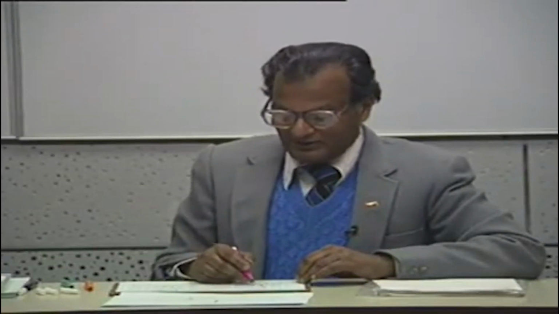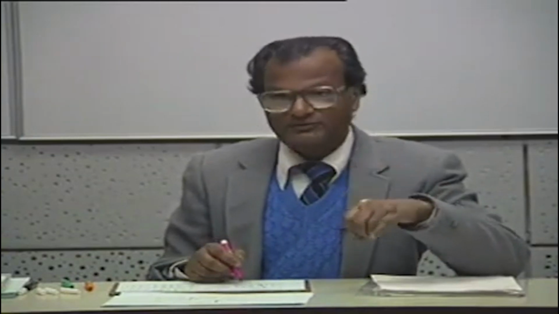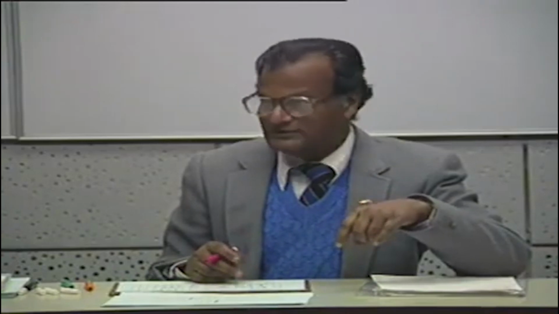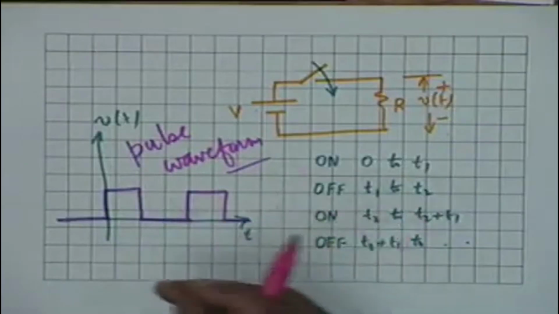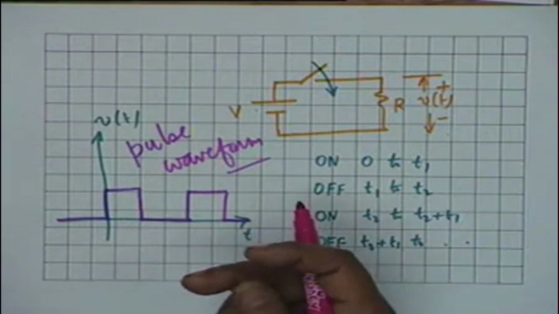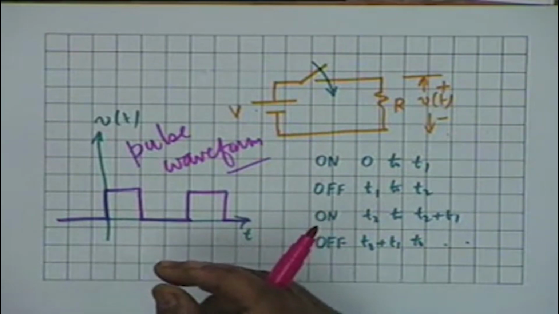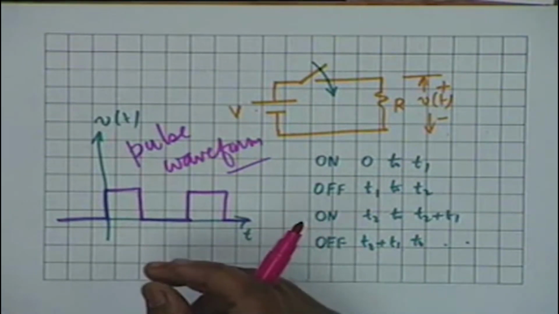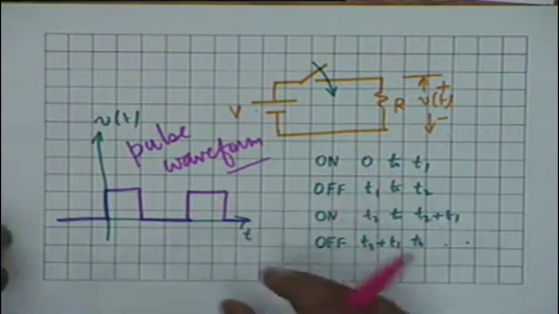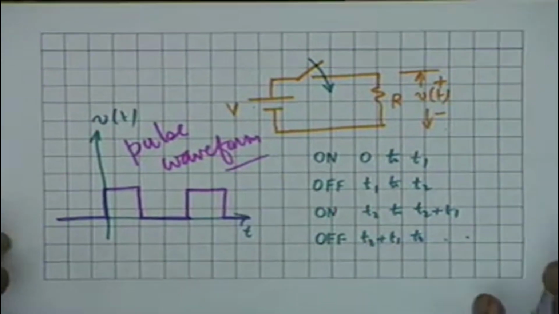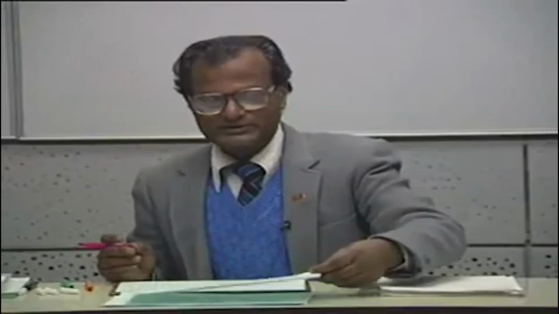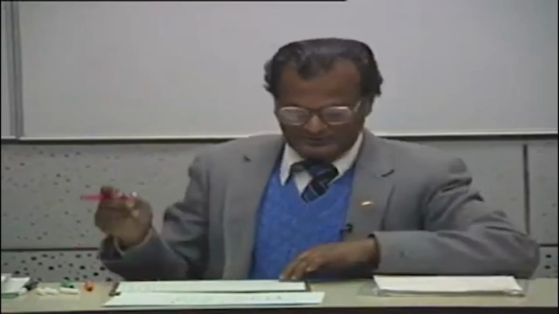And if you call the on pulse, the on voltage is 1 and the off voltage is 0, then this forms the basic waveform of a digital computer. A digital computer, after all, works on the basis of just two levels of voltage or current. One level is called 1 and the other level is called 0. Ones and zeros. All right. So a pulse is at the heart of operation of a digital computer.